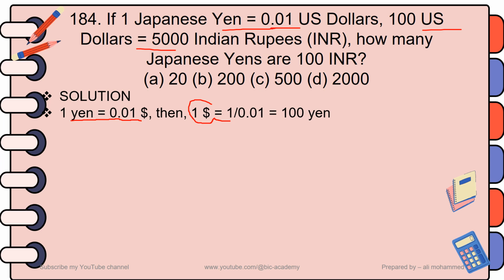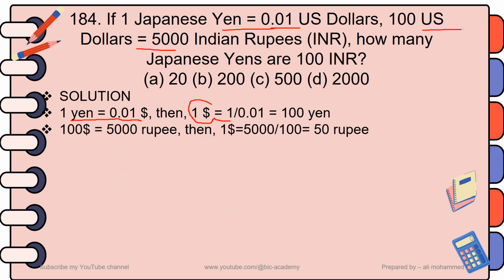So $1 is equal to 1 over 0.01, which is equal to 100 yen. So 1 yen is equal to $0.01, then $1 means 100 yen.